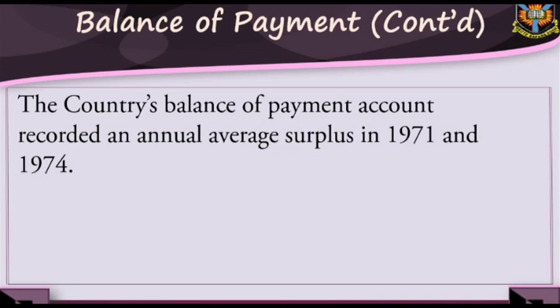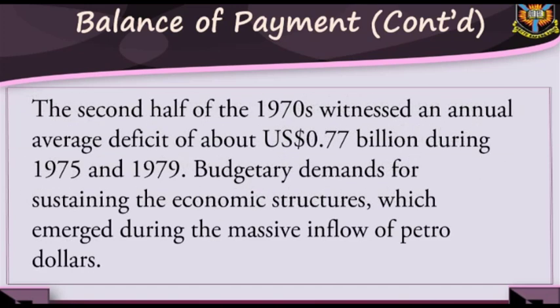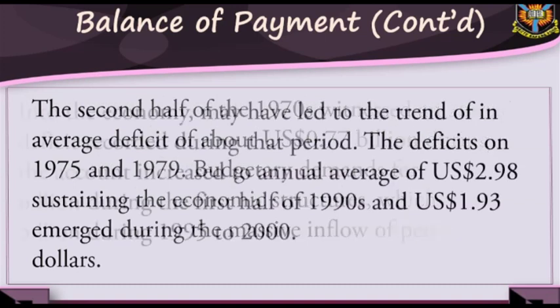The second half of the 1970s witnessed an annual average deficit of about $0.77 billion to 1979. Budgetary demands for sustaining the economic structures which emerged during the massive inflow of petrodollars into the economy may have led to the trend of deficit recorded during that period.